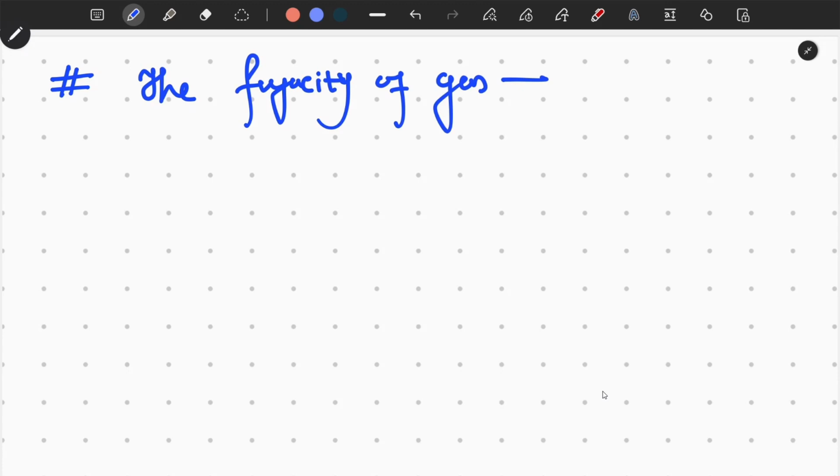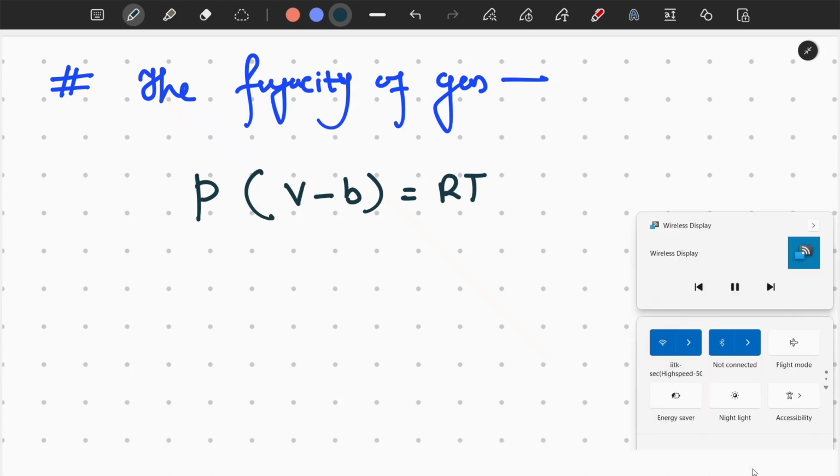For fugacity, what we can write is P. Just we are considering the effect of volume.